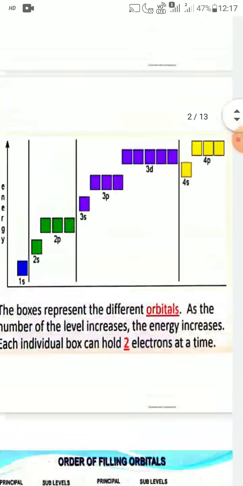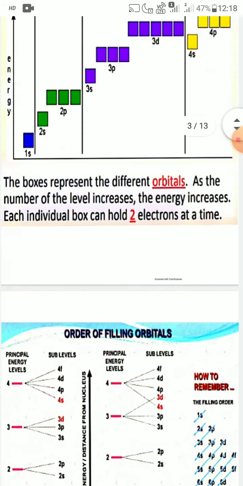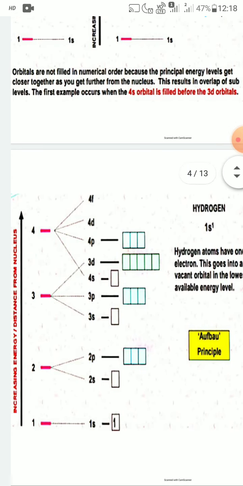I have told that according to this figure, you can see here the energy of 4s orbital is lower than the energy of 3d orbitals. Okay, although 3d orbitals are closer to nucleus, the energy of 4s orbital is lower than the energy of 3d orbital. So how to write down the electronic configuration of an element?